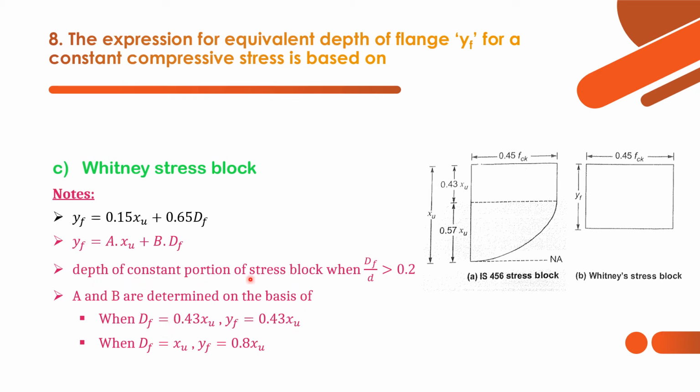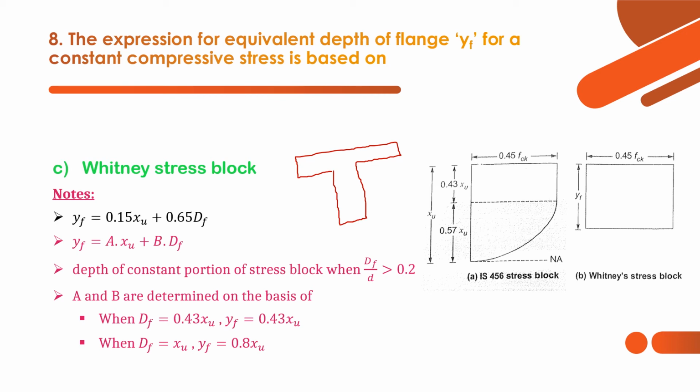And the depth of the constant portion of the stress block: when DF by d is greater than 0.2, that is, whenever the depth of flange to the effective depth of the beam section is greater than 0.2, then the constant portion of the stress block, that is the rectangular variation, will be within the flange portion only. What they are mentioning is, for example, consider this as the T section.